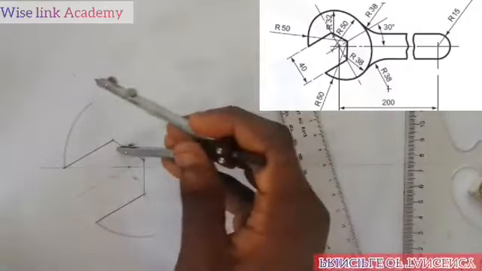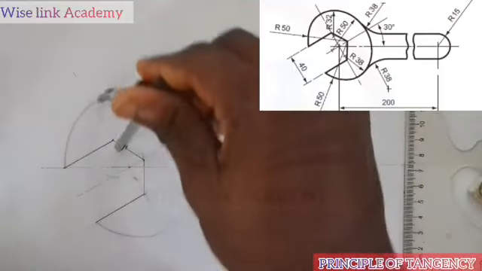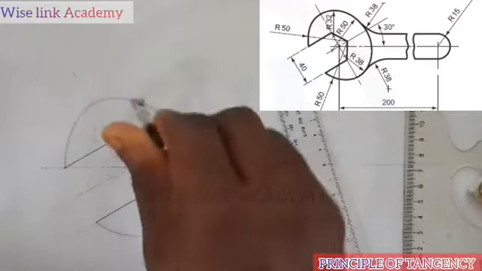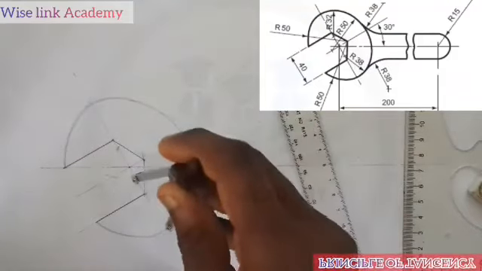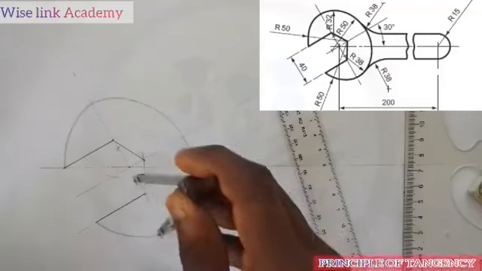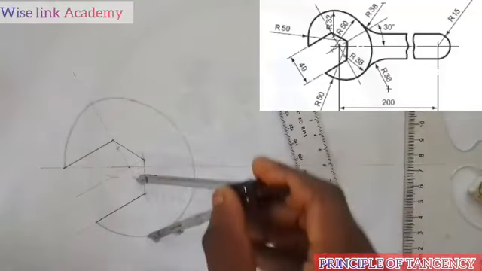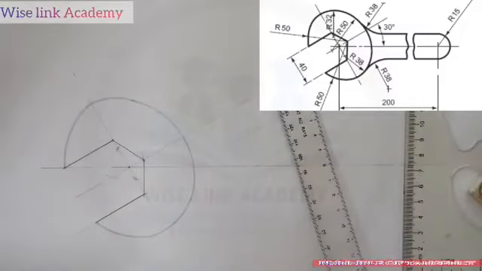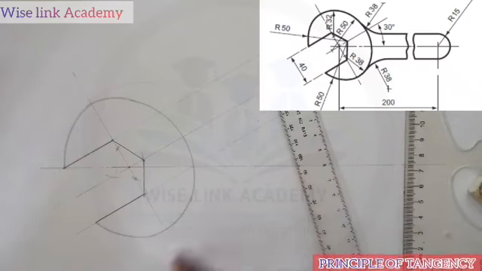So at this point here, draw this up to a thick line. Similarly, at this point, I close this part up with a thick line this way. As you can see. So we have successfully produced the head of that spanner, right?